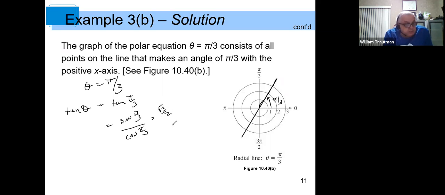Cosine of pi over 3 is 1/2. So the tangent of theta equals this divided by 1/2, which just ends up being the square root of 3.